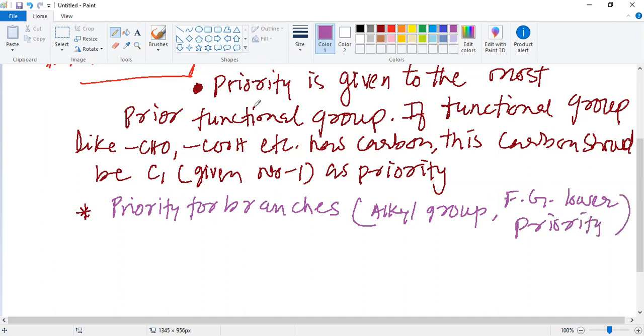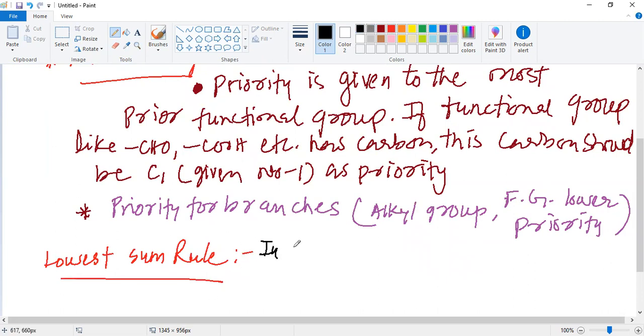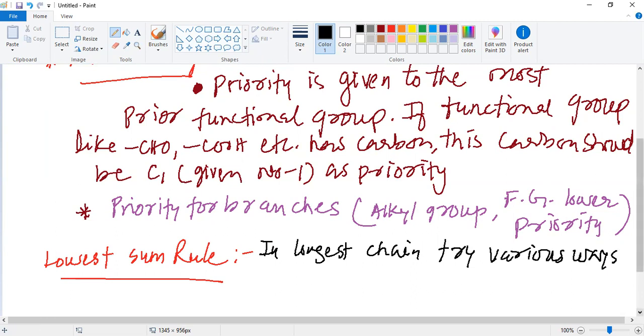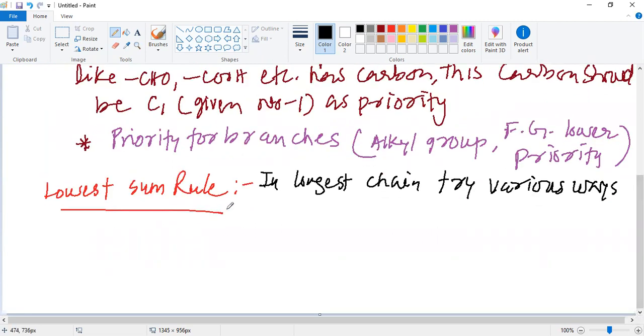So for that we have the new rule which we call the lowest sum rule. In this lowest sum rule, my dear students, in the longest chain, try various ways to give numbering.